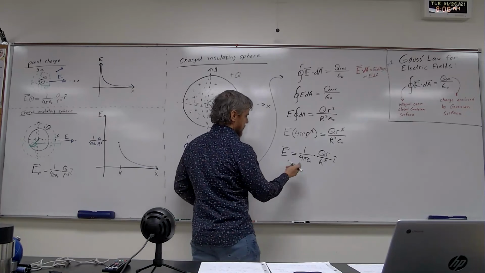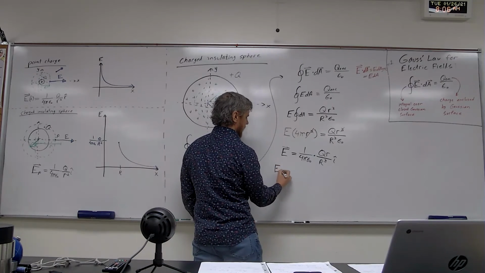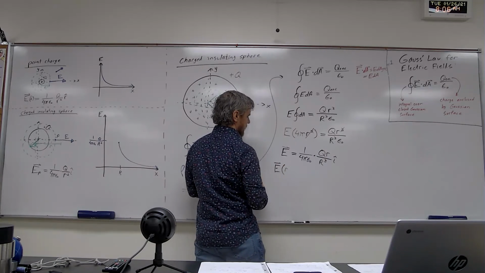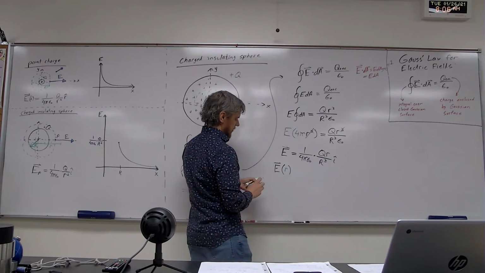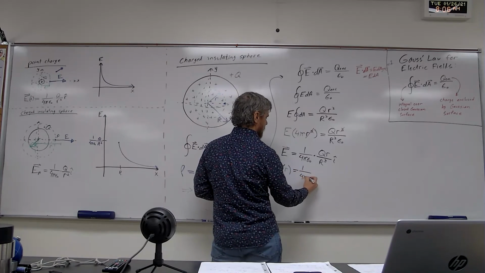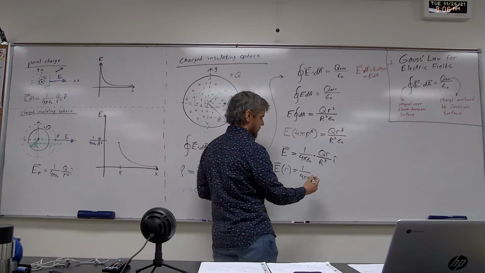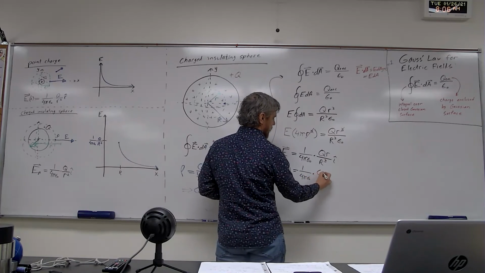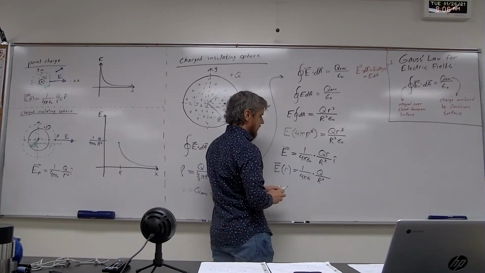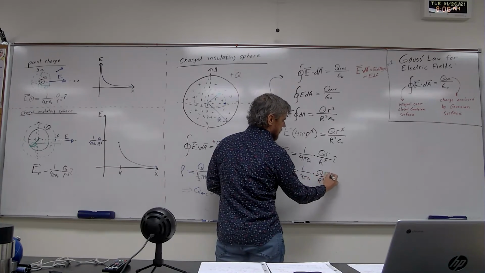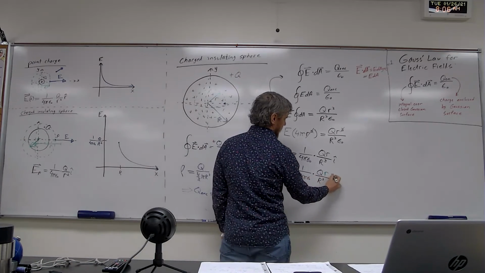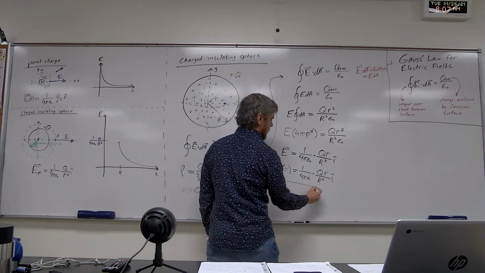Well, that means that if I write this as a function of r, my electric field as a function of distance from the center, little r, is going to be equal to 1 over 4 pi epsilon naught, again otherwise known as Coulomb's constant, times Q over the radius of the insulating sphere cubed, times little r. And then again times i hat to make it a vector equation. So this is our result here.